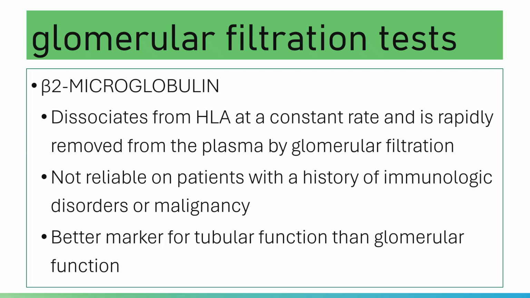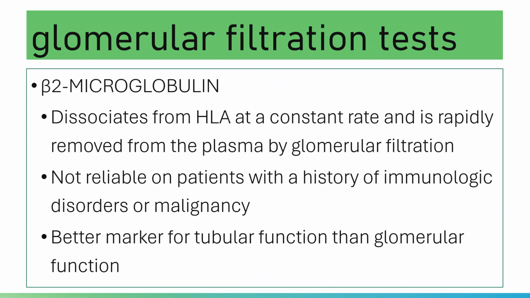Beta-2 microglobulin may be used to distinguish disorders of the kidneys as either glomerular or tubular. How is that? Simultaneous testing of urine and plasma beta-2 microglobulin will differentiate glomerular and tubular renal disease.